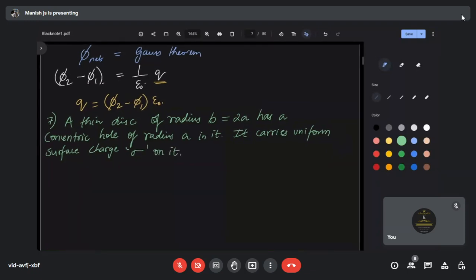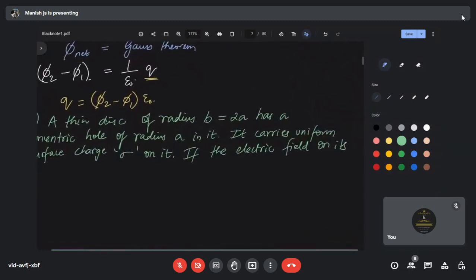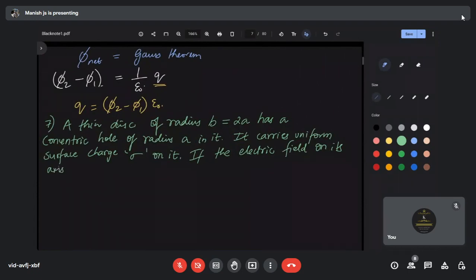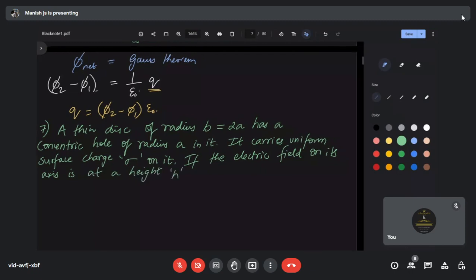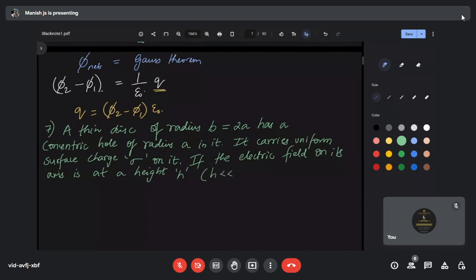And if the electric field on its axis at a height small h, such that small h is much less than a.